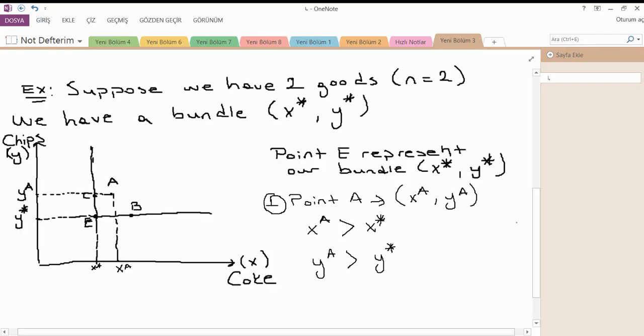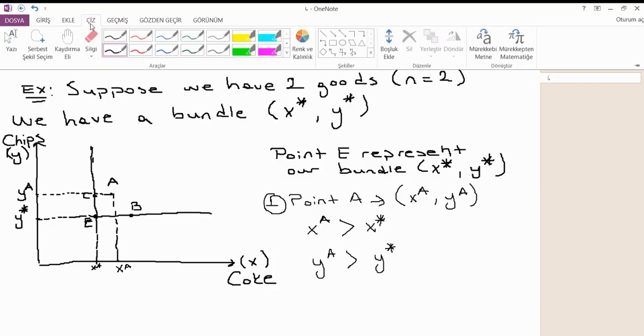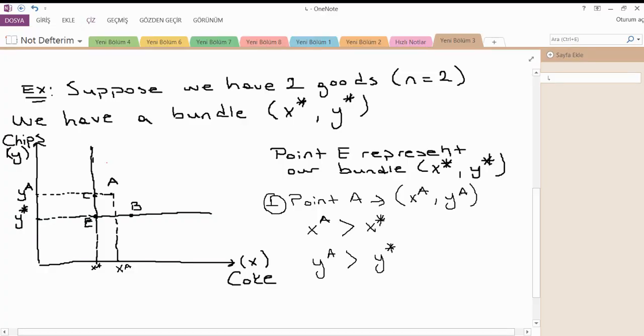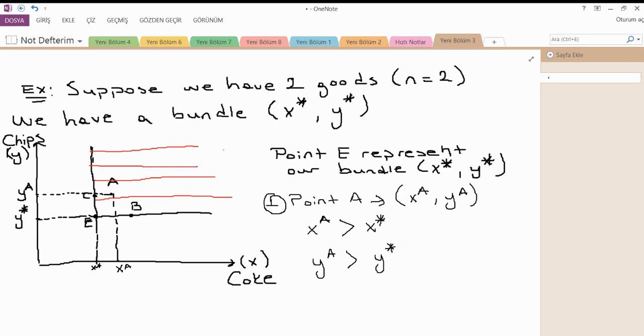in this quadrant, I'm going to shade it, if I can do it. As you see, I'm shading. This part of the quadrants will actually provide either more of one good or the other good.